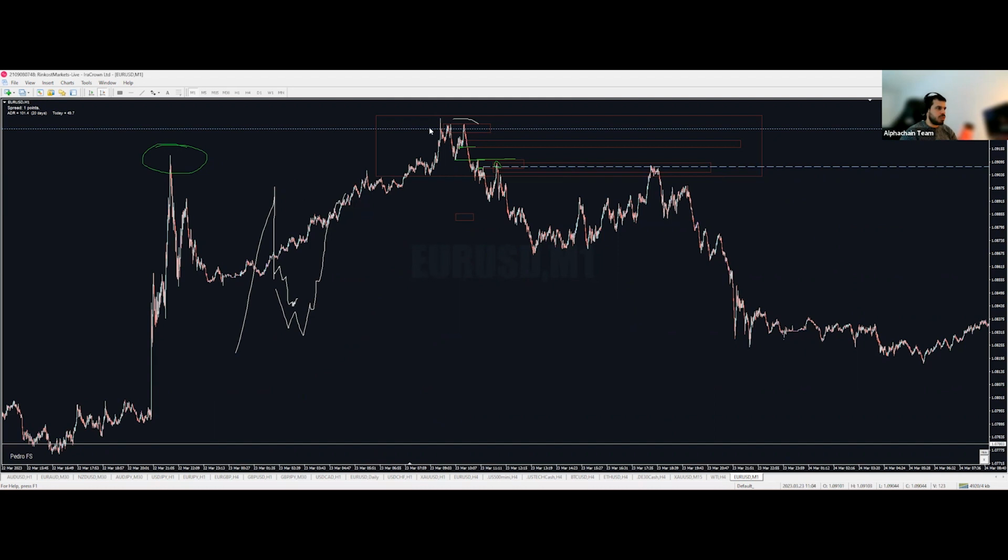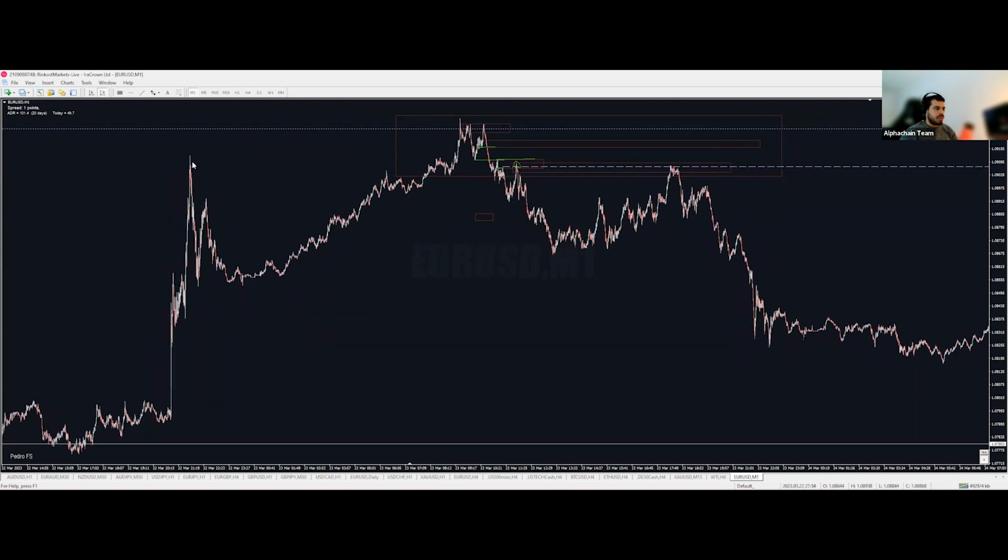And then the second move is usually a little bit slower. It's not just a spike. It takes a little bit of time, a little bit of a battle, and then it moves like that. Yep, because it's going to attract many people to think that this is a double top, but it's not.